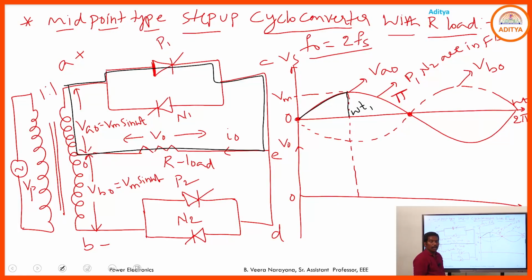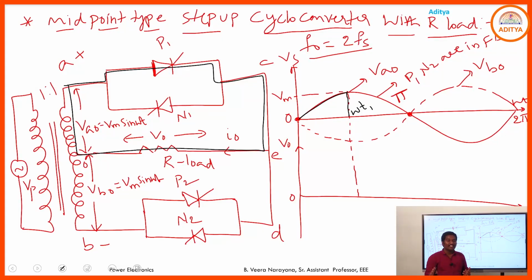At omega T1, by using some external commutation circuit, we forcibly reduce the current flowing through P1 to 0. Why do I call it forced commutation? Actually the cycloconverters are energized by the AC source. Even though the cycloconverter is energized by the AC source, especially in the step-up cycloconverter, we need to use forced commutation. Where do we prefer forced commutation?